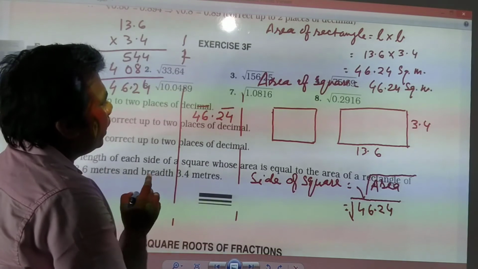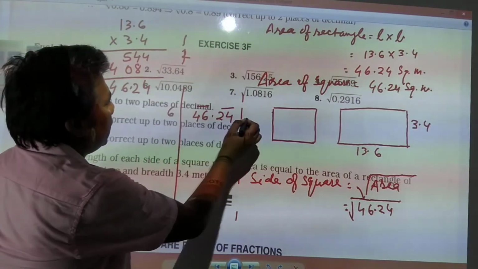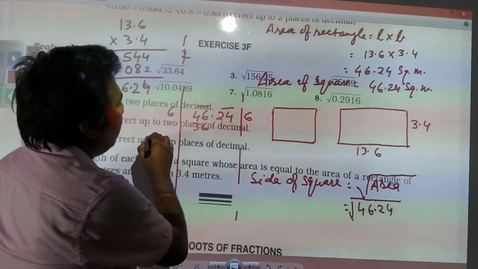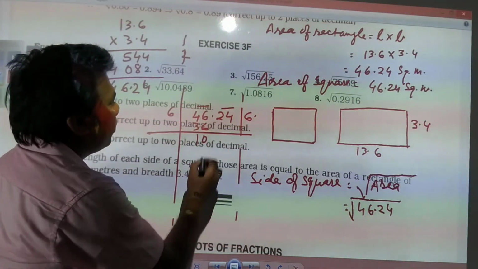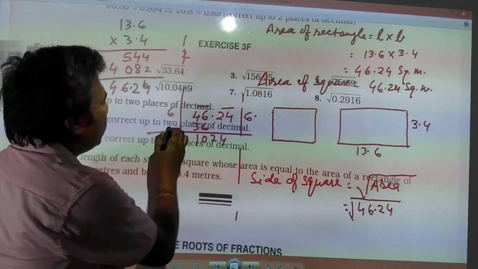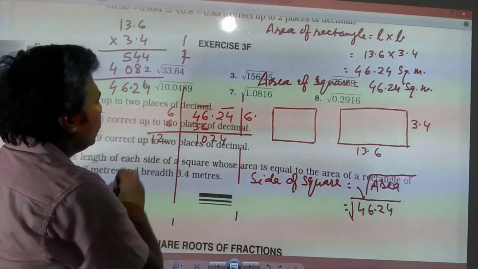7 7s are 49, 6 6s are 36. You will get 10. Decimal you have, here you will put the decimal. 24 will be taken down, 6 will come over here, 12.